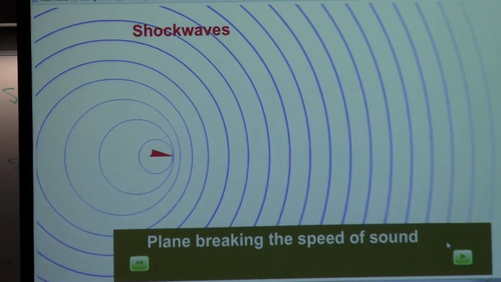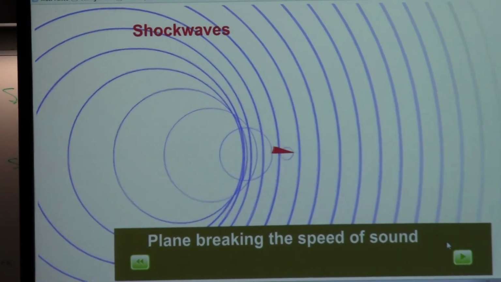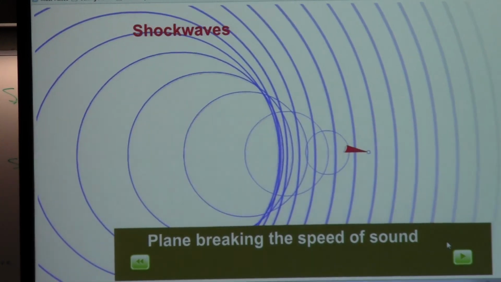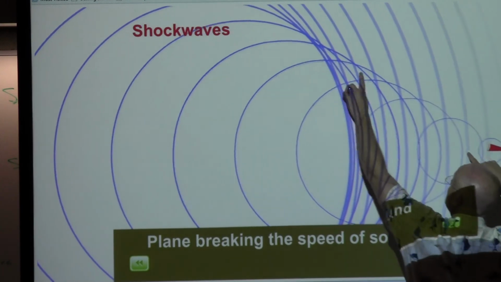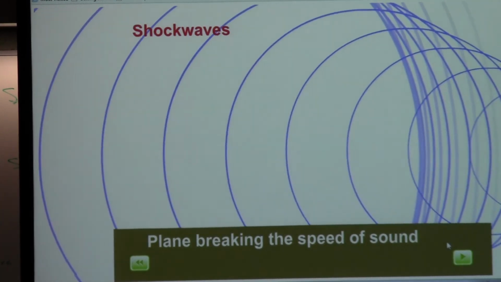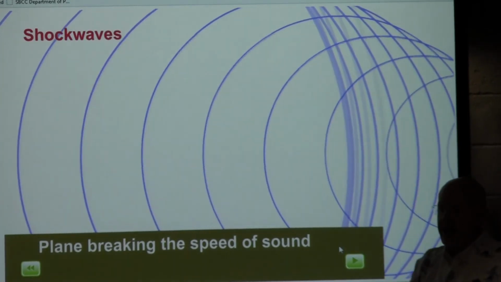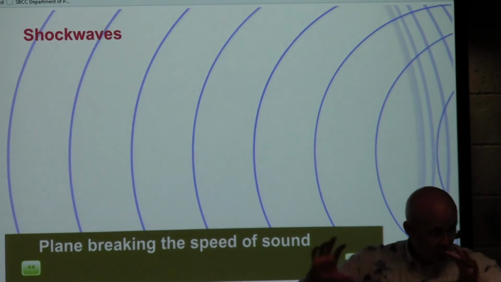Here is an object that is going faster than the speed of sound. First, it was going slower. Once it starts going faster, do you see how you get a superpositioning of the waves? Do you see how the waves that are made by the object all add up together in kind of a cone shape?